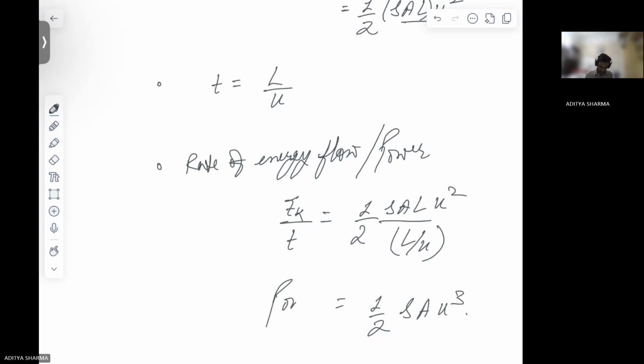So your power requirement to accelerate this mass is proportional to your velocity cubed, in this way.